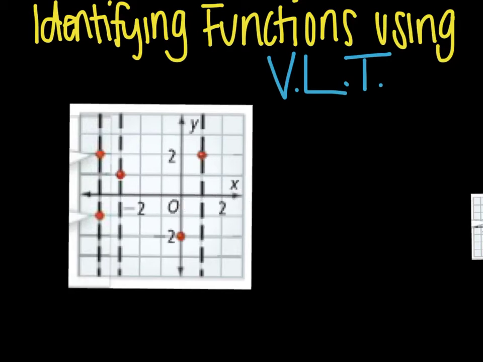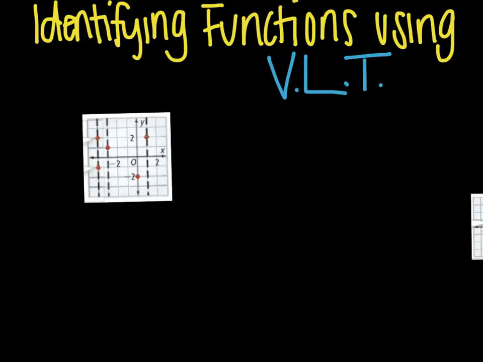You can only hit your line at one point at a time. If I put my finger here, it is hitting a bunch of different points. Same thing here. If I keep moving, here's a bunch of different points. That is failing the vertical line test. So this picture is not a function.